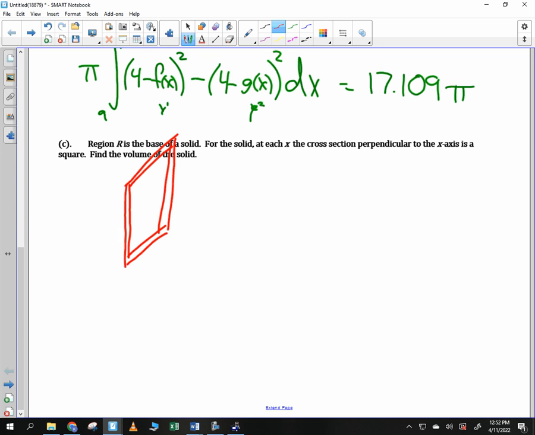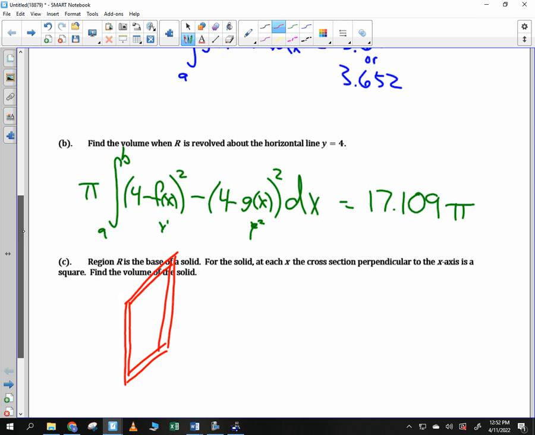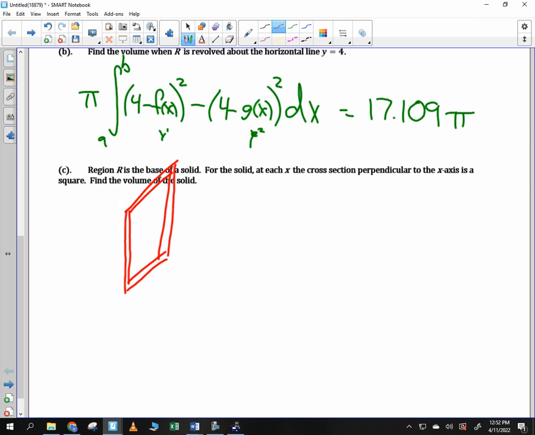This square that comes out at us has dimensions. Tell me something about a square. All sides are equal. So all we want to do is find the volume of this shape right here. Notice how the thickness is still dx.